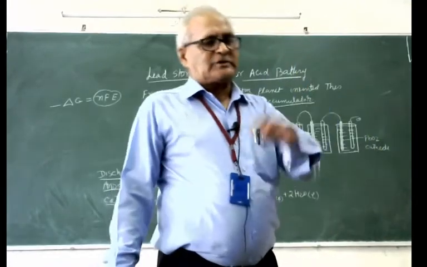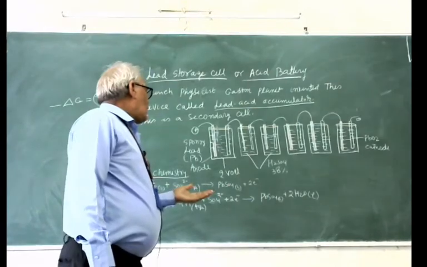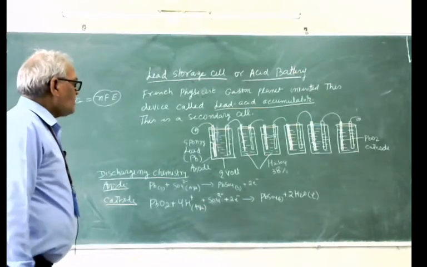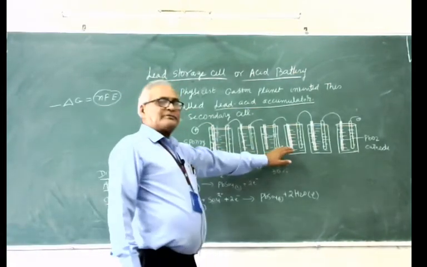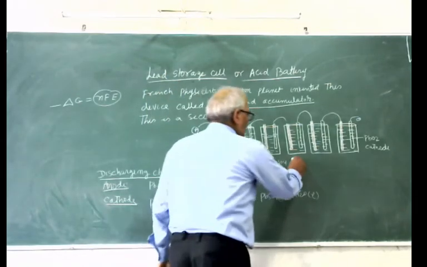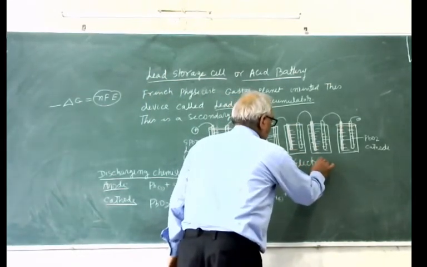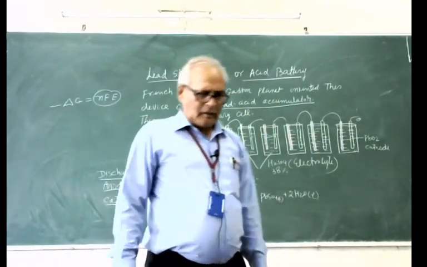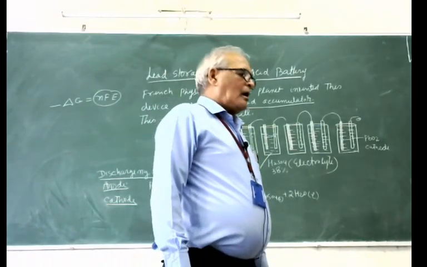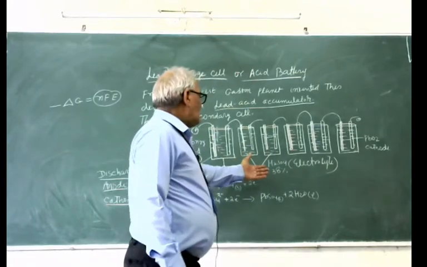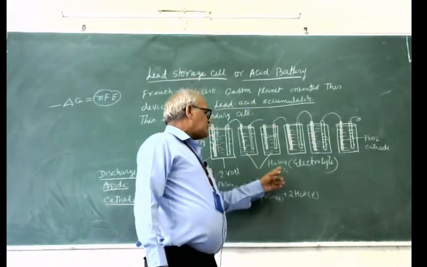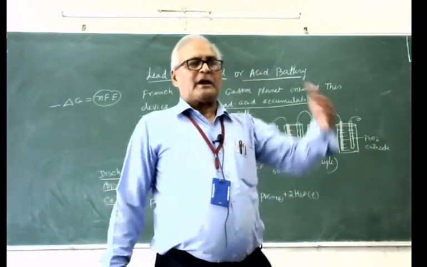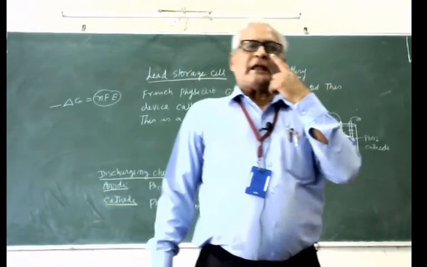So in this discharge and charge, we can find such chemical reactions involved. Here the sulfuric acid behaves as an electrolyte. The concentration of sulfuric acid is nearly 38% when a fresh battery is prepared by inserting electrodes like lead and lead oxide.